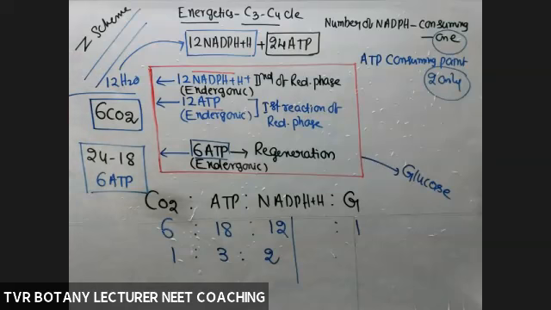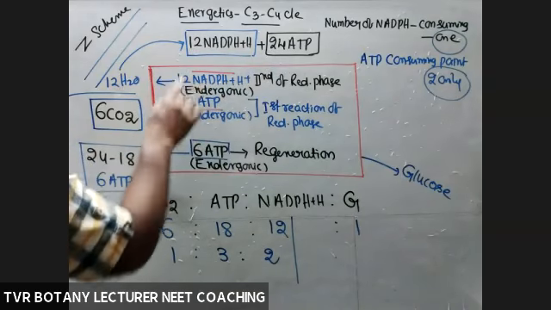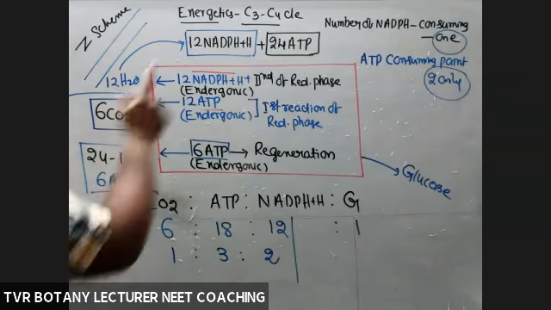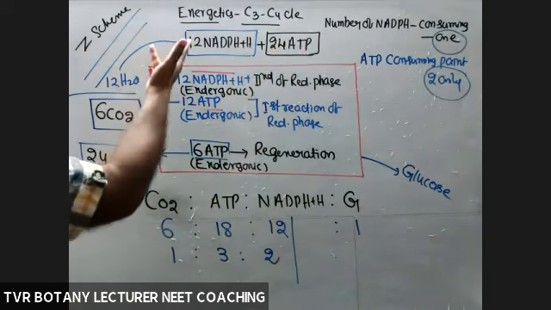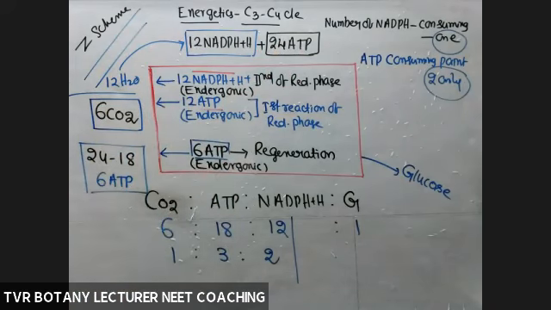So I think now you got why we should write 12 H2O molecules in oxygenic photosynthesis to produce the required amount of NADPH plus and ATP molecules. Here ATP is surplus, but to produce 12, how many NADPH required? 12 required. Compulsory photolysis of 12 is mandatory, but don't decide the number of H2O molecules required on the basis of ATP molecules, but decide the number of H2O molecules on the basis of the number of NADPH required for the C3 cycle, right? So that is about energetics of C3 cycle.